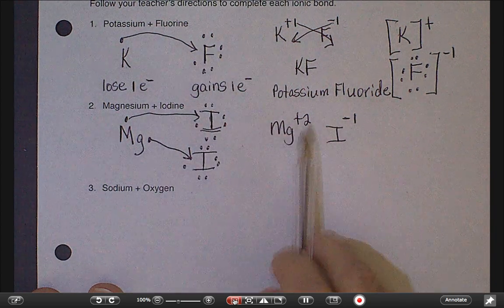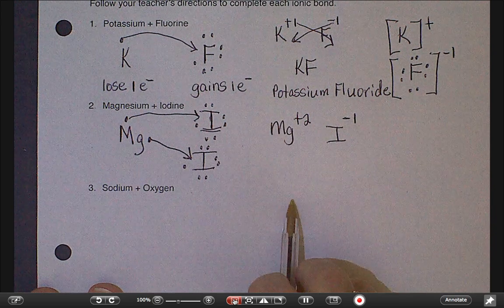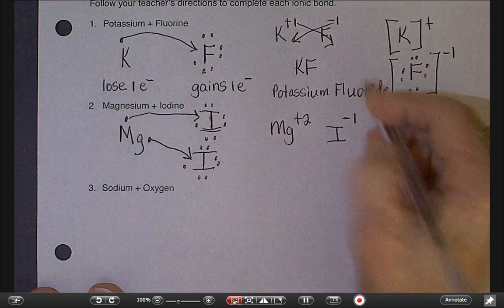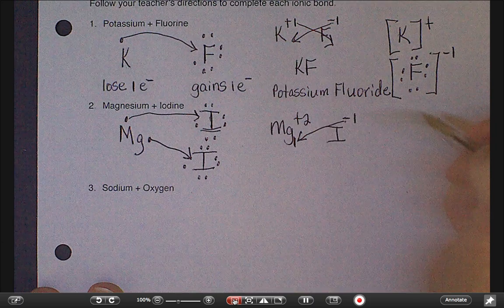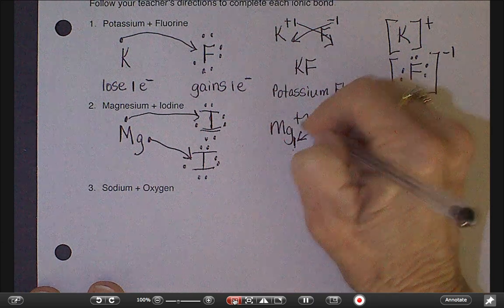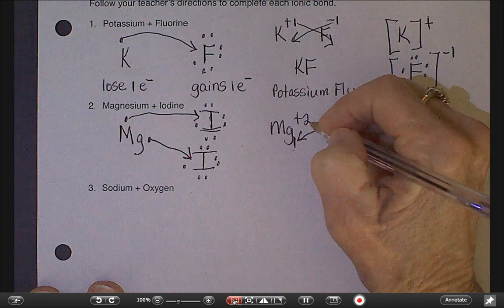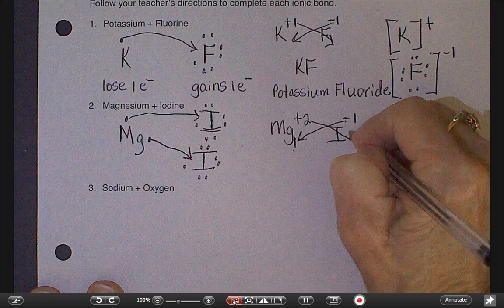We're not in a 1-to-1 ratio here. Now let's look at what the crisscross does and then look at your picture.